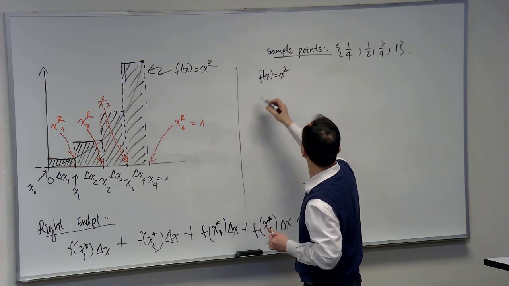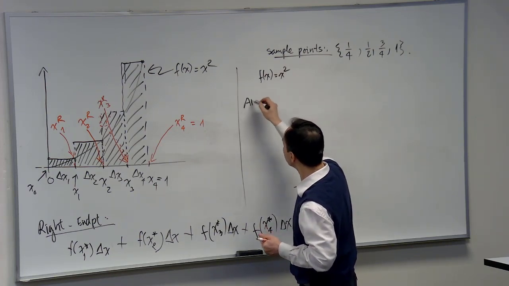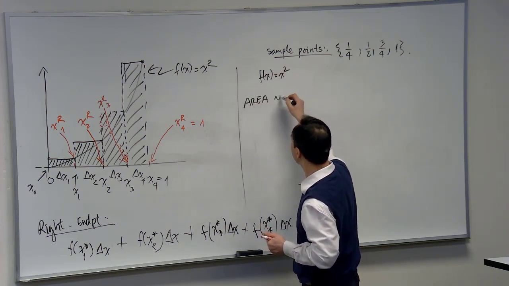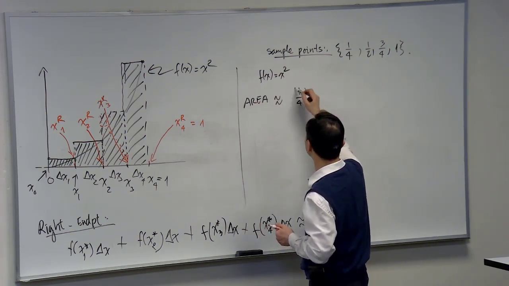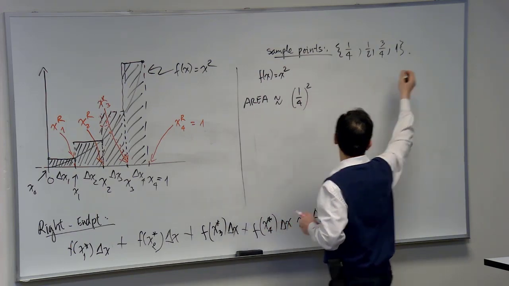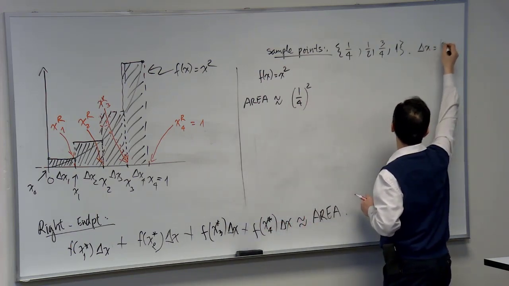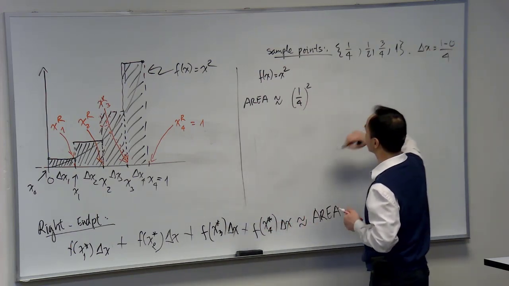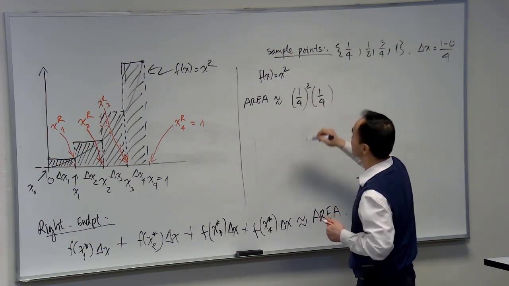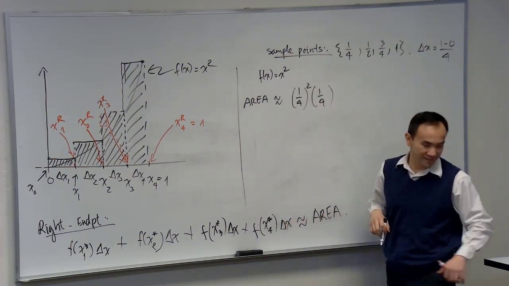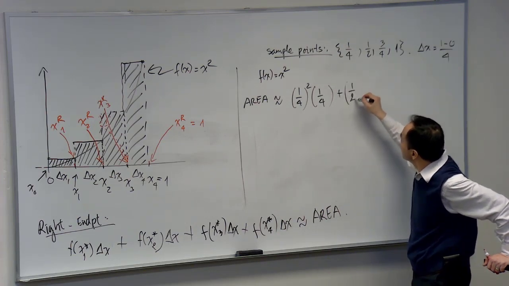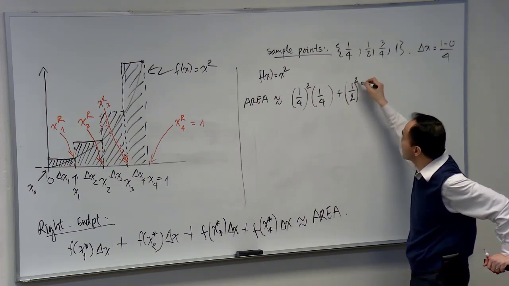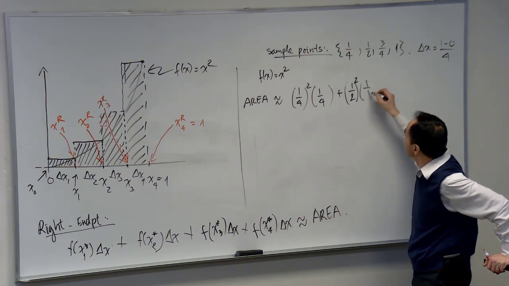So the area can be approximated by the sample point 1/4, squared, multiplied with the delta x, which is again 1 minus 0 over 4, multiplied with 1/4. Are you guys with me still? Then the next one is 1/2, so I'm going to evaluate that in our function, multiplied with the delta x, 1/4.